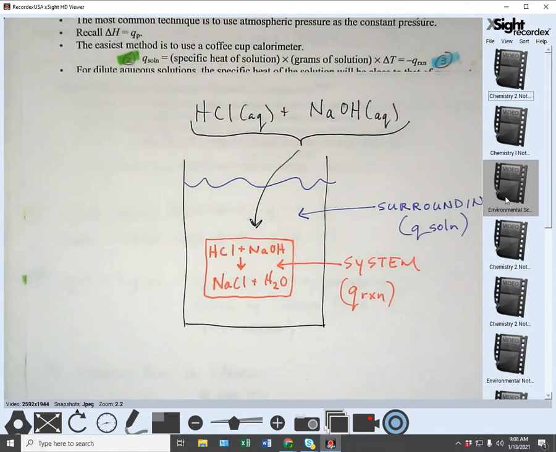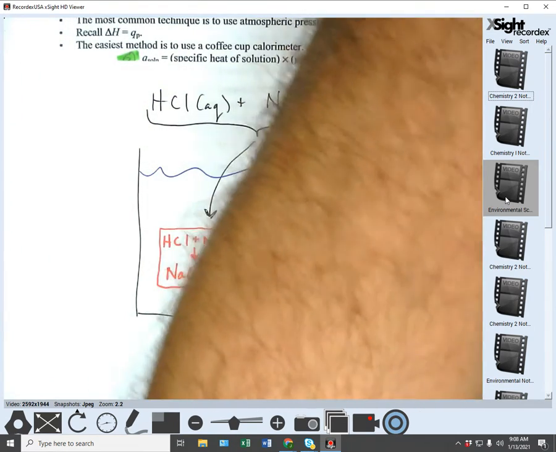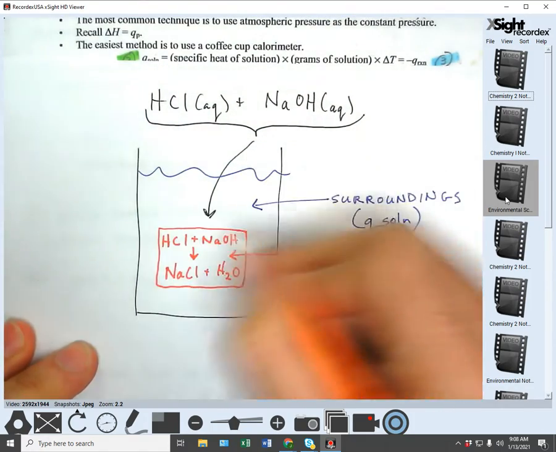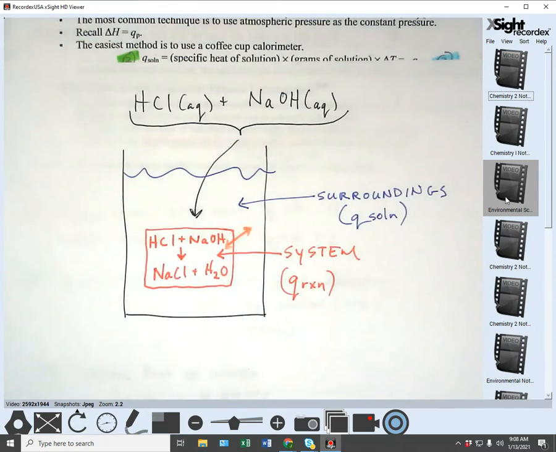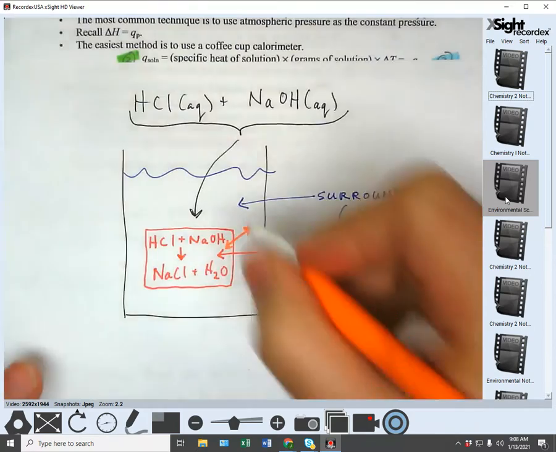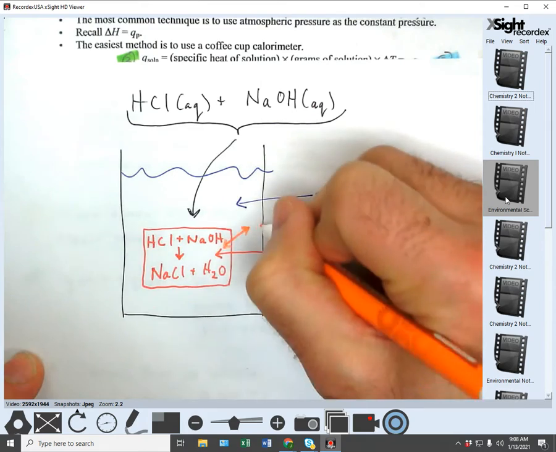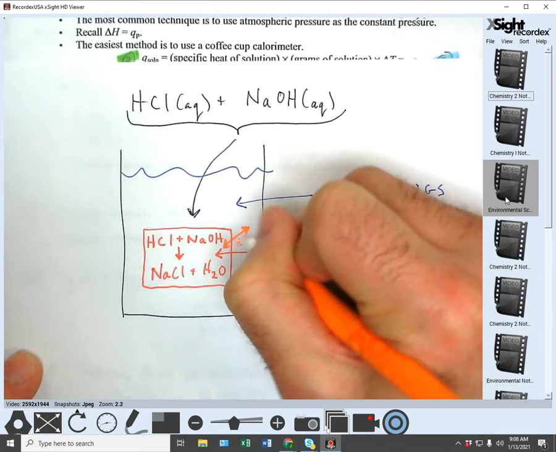Q of the solution. So what happens is you get energy transfer between the reaction and the solution.